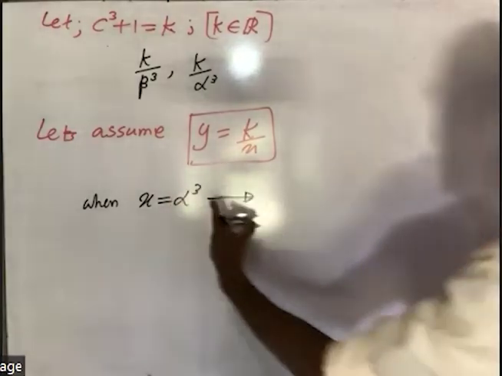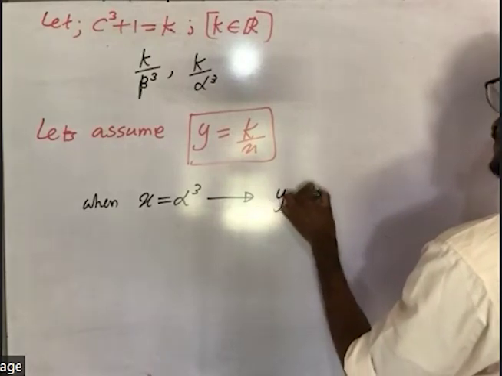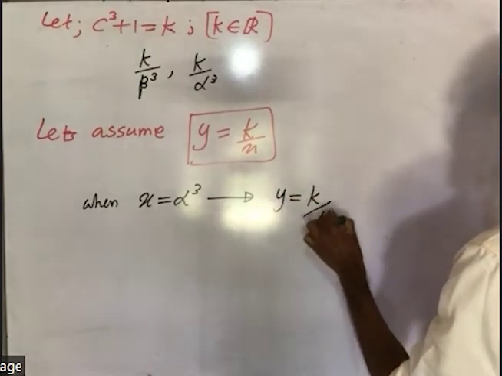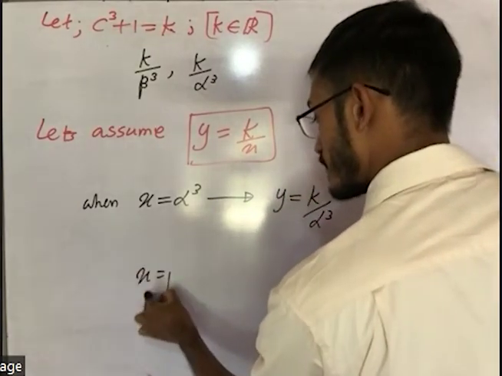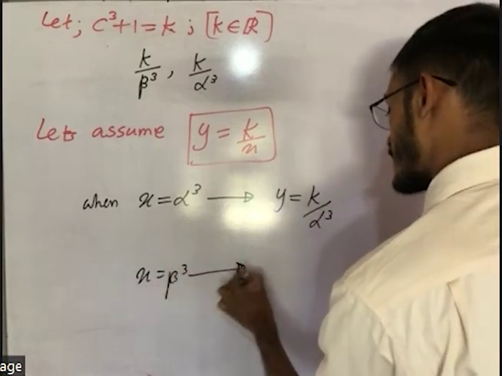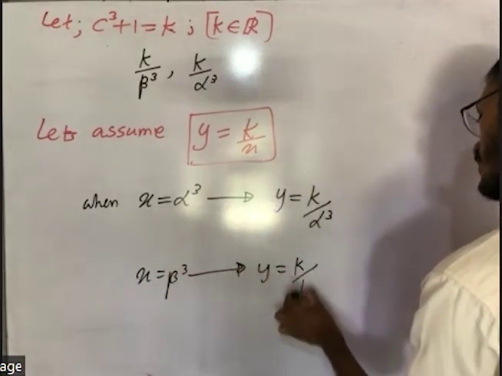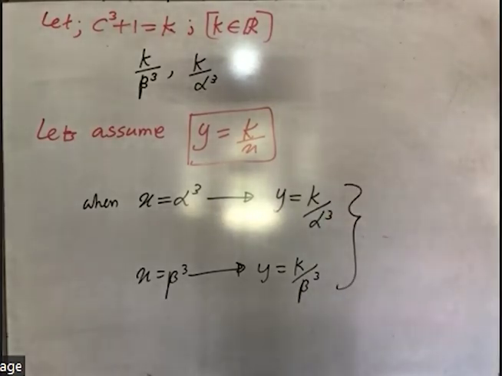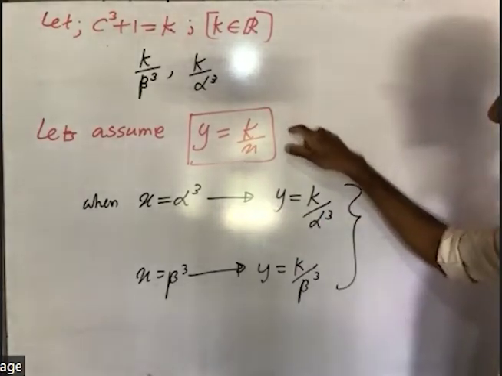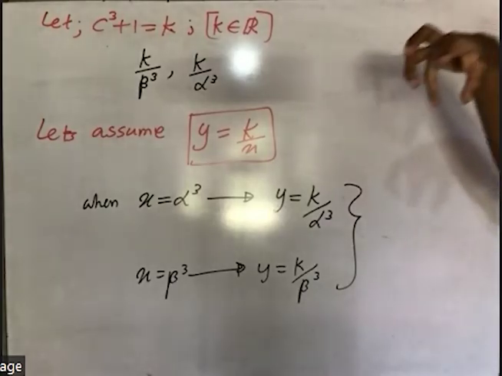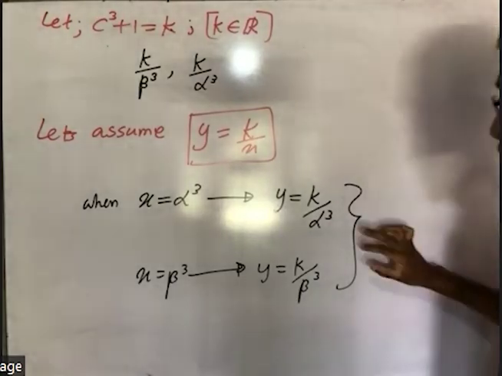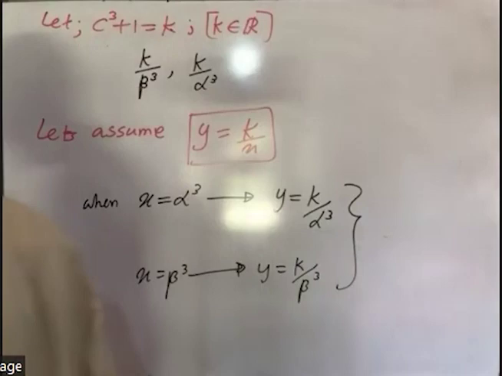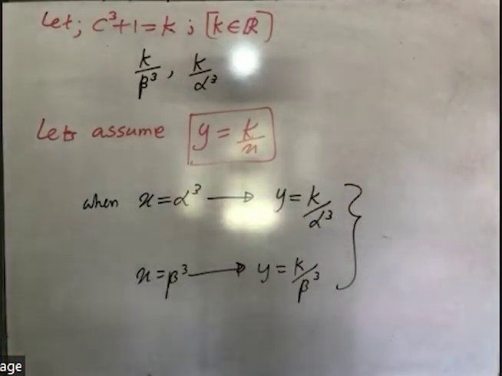When x equal to alpha to the power 3, y equals k over alpha to the power 3. When x equal to beta to the power 3, y equals k over beta to the power 3. So these are the two roots that we want. Therefore, from this conversion, we can convert our second equation to the equation we want. Now let's do that.